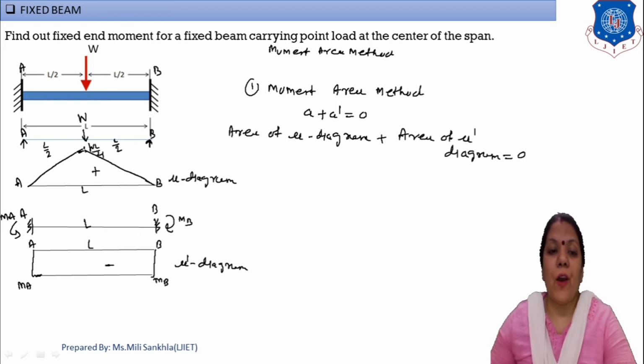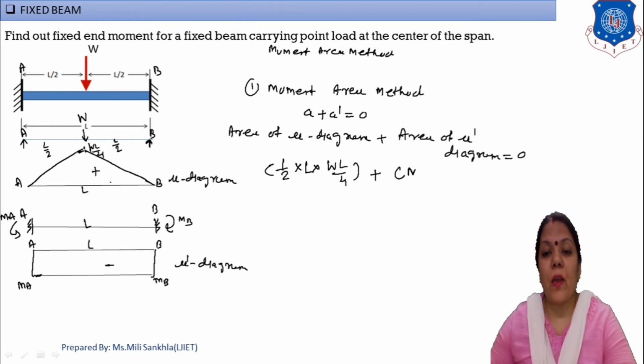Now the area of the Mu diagram means this diagram, this is a triangle, so write here 1/2 into L into WL by 4, plus the Mu dash diagram, this diagram, MA into L. Moments MA and MB are both the same, so here I take MA.